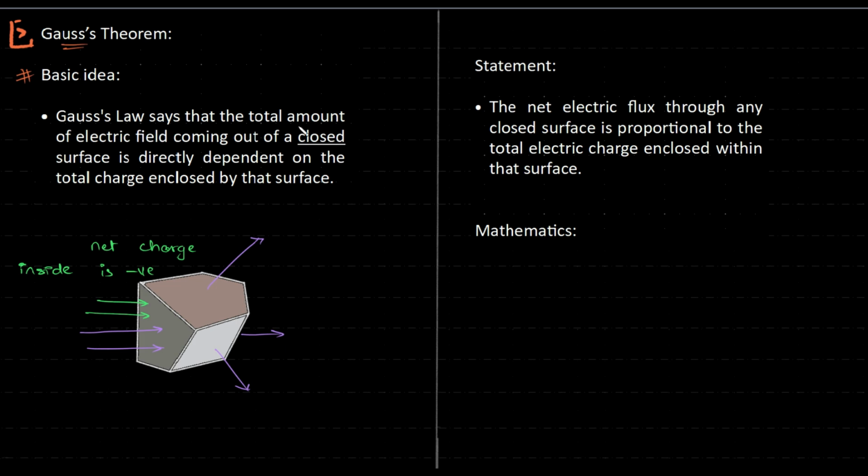So Gauss's law says that the total amount of electrical field coming out of a closed surface, there's no opening, is directly proportional to the total charge enclosed by that surface. If there are more positive charges, more field lines will come out.